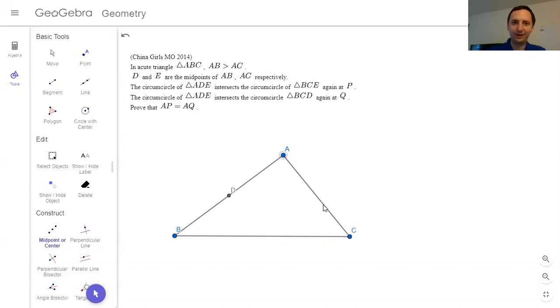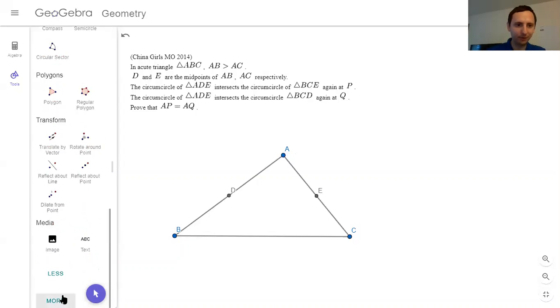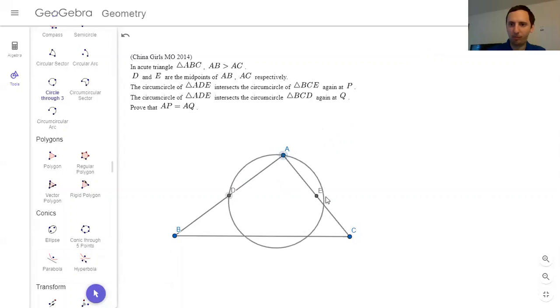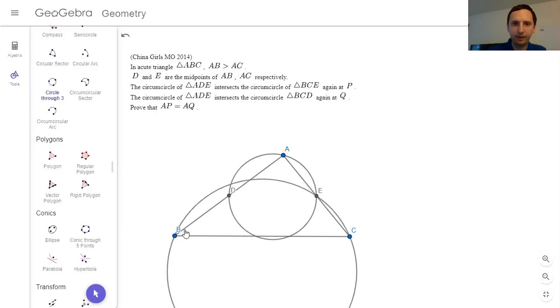All right, so D and E are the midpoints of AB and AC. And then we draw the circumcircle of ADE, and we see where it intersects the circumcircle of BCD.